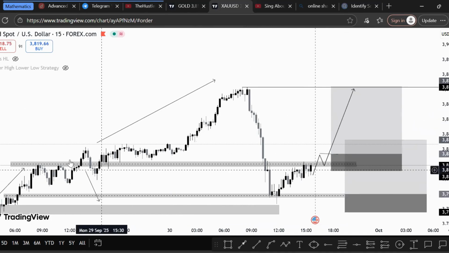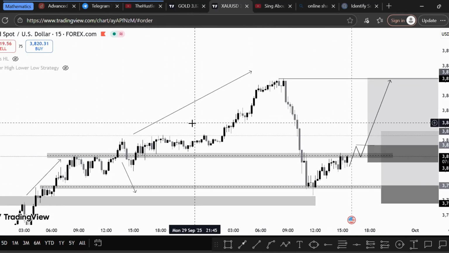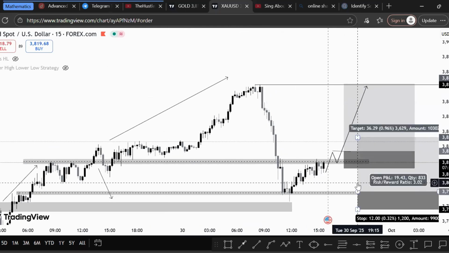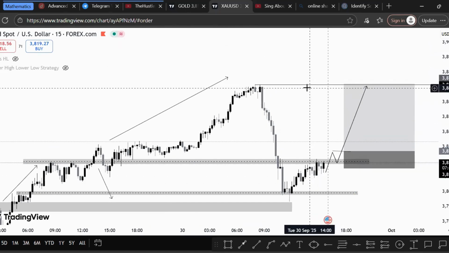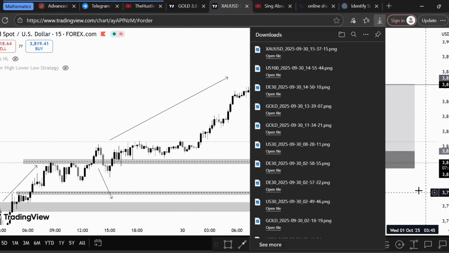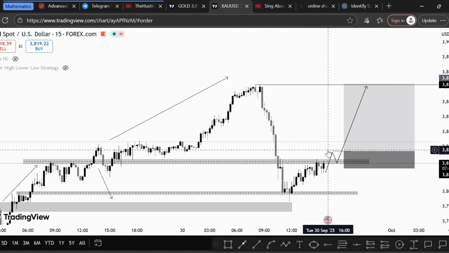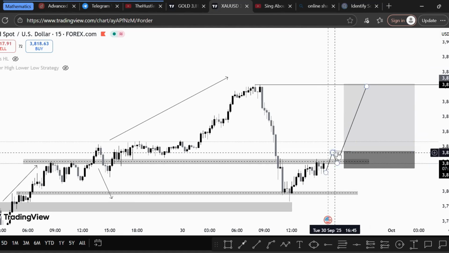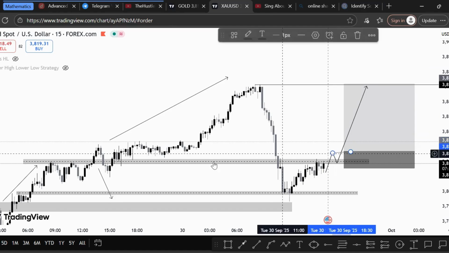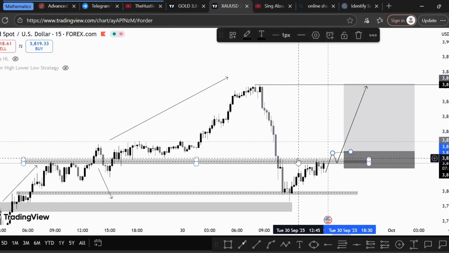But remember, as you can see, I'll also try to send this analysis to the group so you can remind yourself that you're looking for price to break above. We're looking to have it break above this level, give us that higher high, and then that higher low, based on the high that was created above the level of support or resistance that we have here.